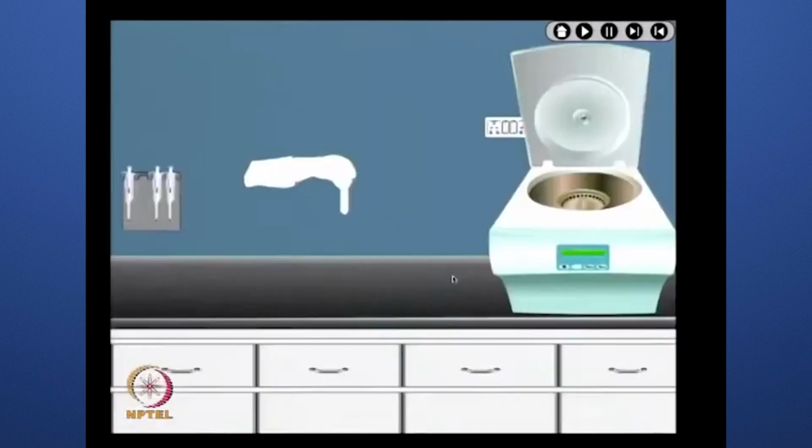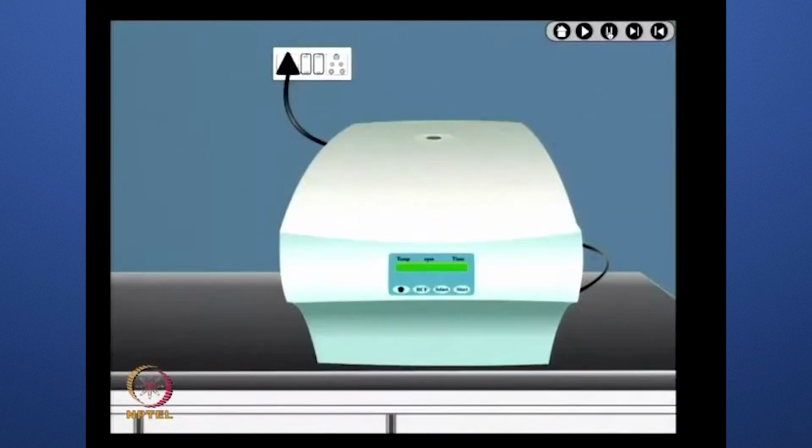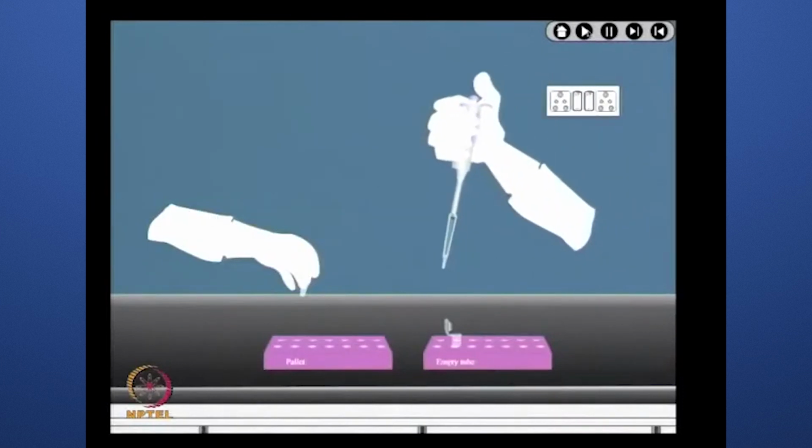The overnight cultures are diluted with fresh LB and grown at 37 degrees for 6 to 8 hours. Continue growing the culture till it reaches the mid exponential phase. The bacterial cells can be harvested by centrifuging the cells at 12,000 rpm for 10 minutes at 4 degrees.